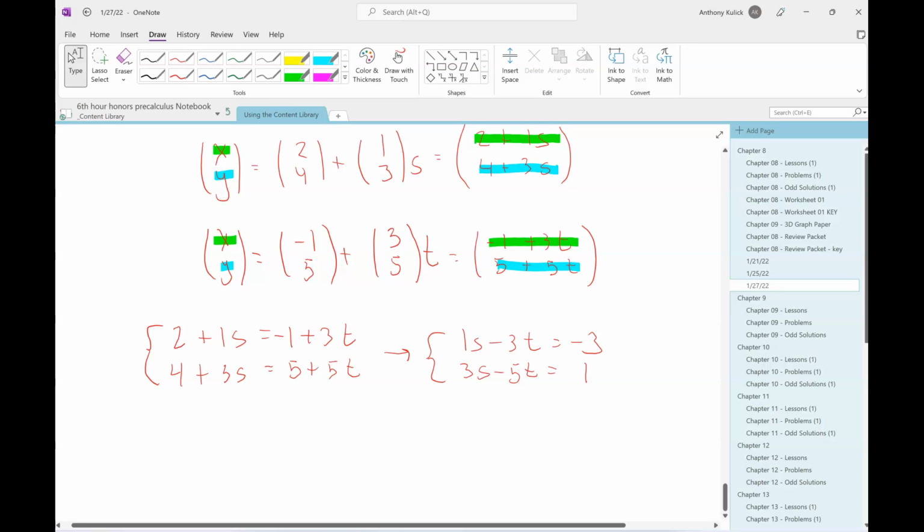Everybody's okay to here? Now think back to your Algebra 2 class and remember, what's the easiest and fastest way to solve a system like this? I would say there's one better than elimination. One better than substitution.